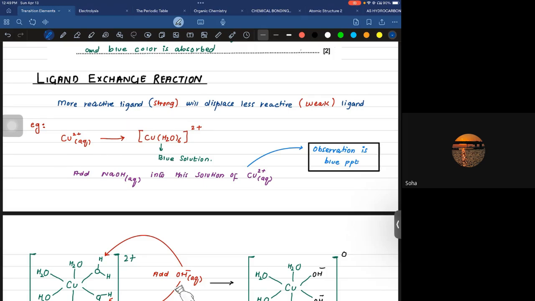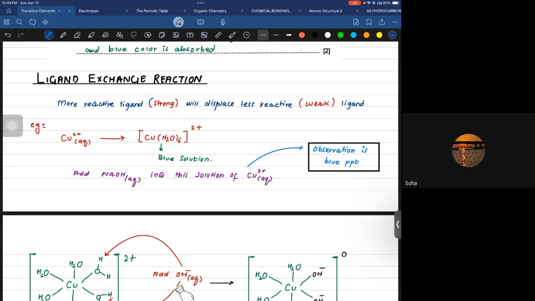If you remember when we were discussing group 7 elements in the periodic table, we used to say the more reactive halogen is going to displace the less reactive halogen.